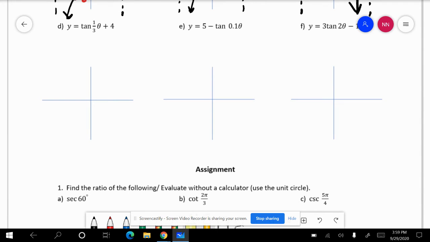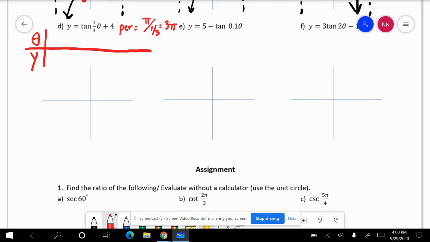If we're looking at letter D, we see that our frequency is 1/3. So in order to find the period, it's going to be pi divided by 1/3. We multiply by the reciprocal and we get 3 pi. Meaning that we're going to take each of our theta values and multiply them by 3.